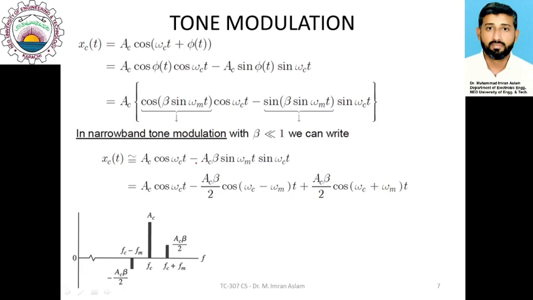Now you should notice that there are again three terms here. First one is the carrier. Second term has the frequency which is carrier minus the message signal omega mt, and third term has the carrier plus the message signal, which is again similar to the AM case. This one is the carrier, this one is the lower sideband, and this one is the upper sideband. However, you can see that here this term is negative, that means the phase will be negative.